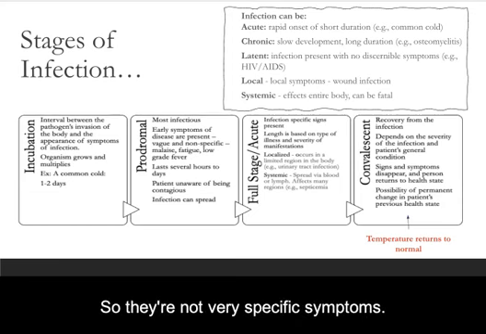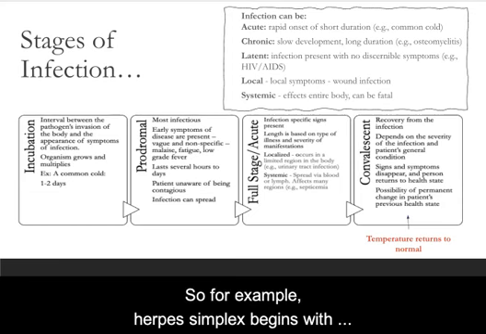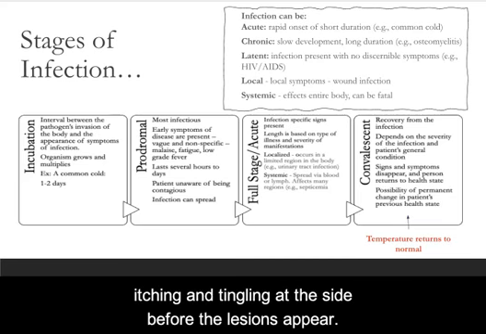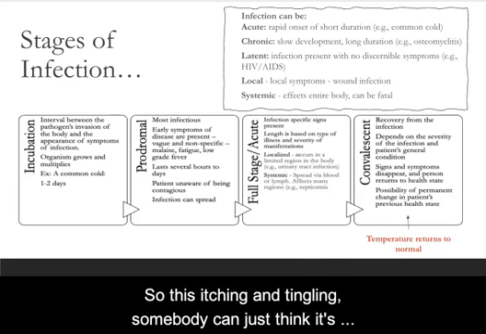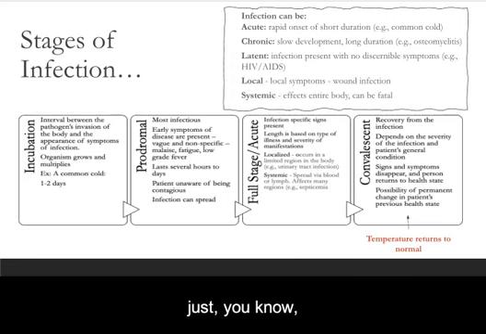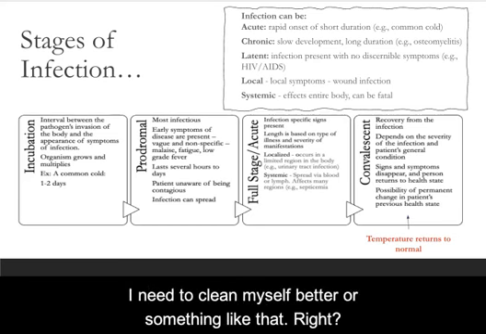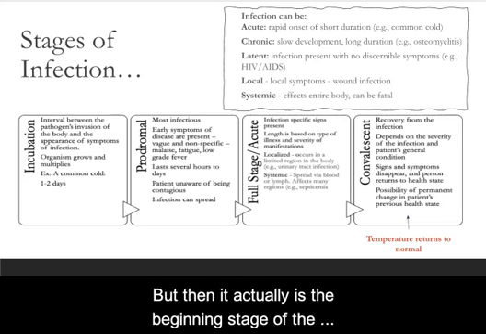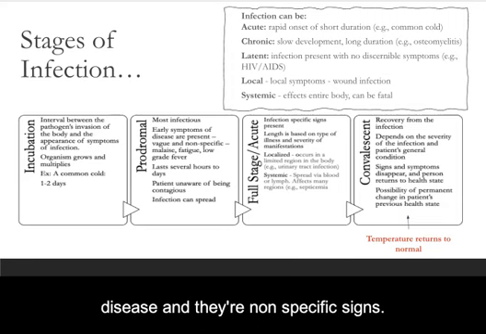So they're not very specific symptoms. For example, herpes simplex begins with itching and tingling at the site before the lesions appear. Somebody can just think, oh, maybe I need to clean myself better or something like that, right?